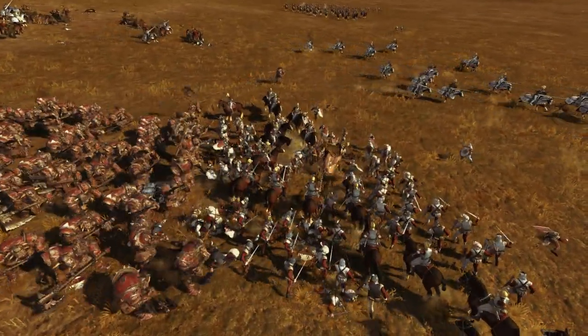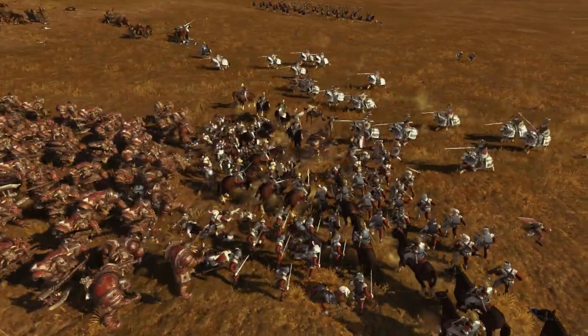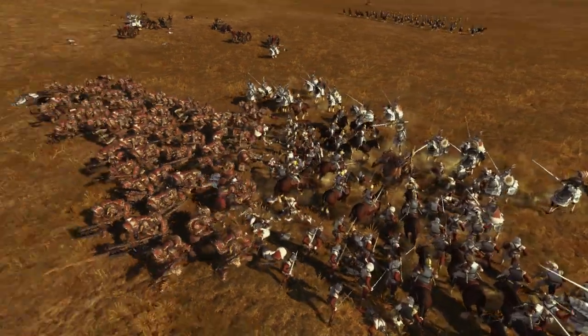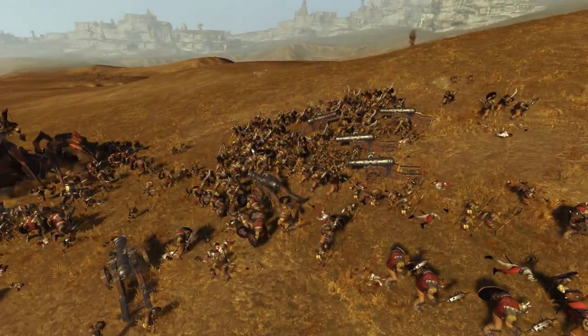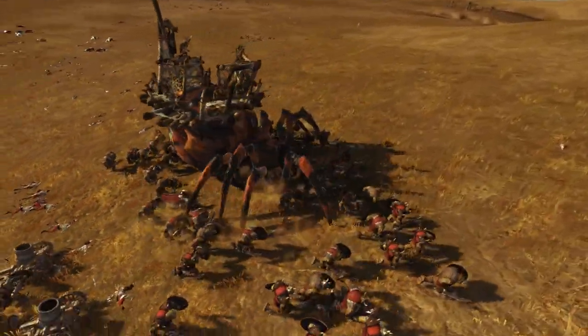So I wouldn't dream of having just one side being all goblins, because they will run away very quickly, and at that point you're just going to be enveloped and chewed up and spat out by the enemy.